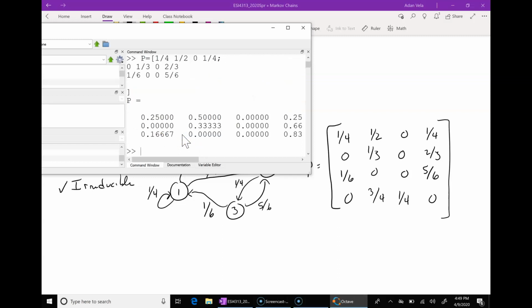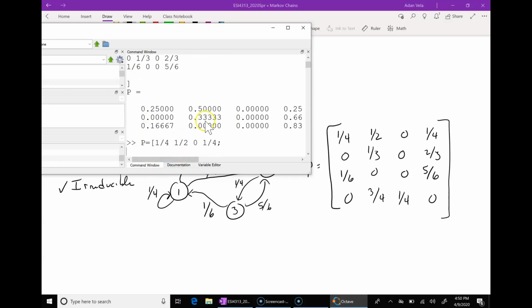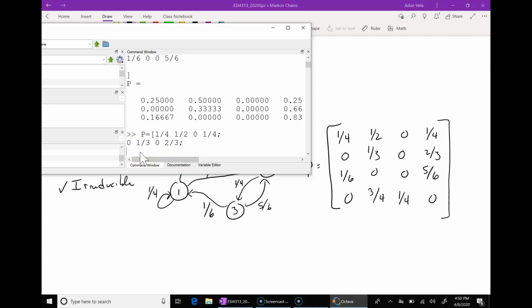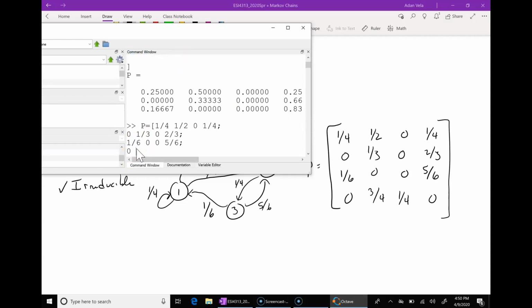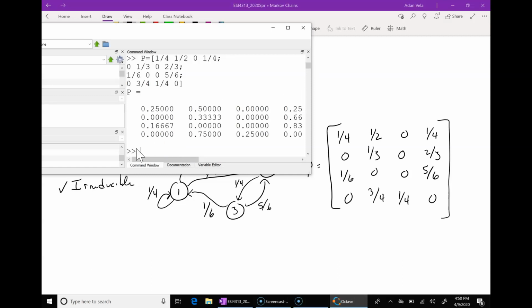It's going to barf, but it actually worked, which is surprising. Really, you should be using semicolons. That's bad form not to. Okay, so I have my P matrix.